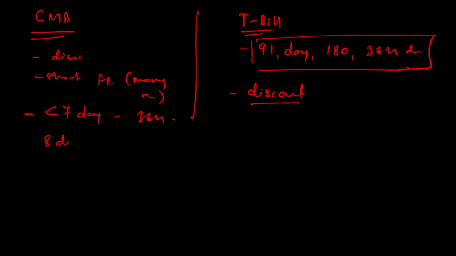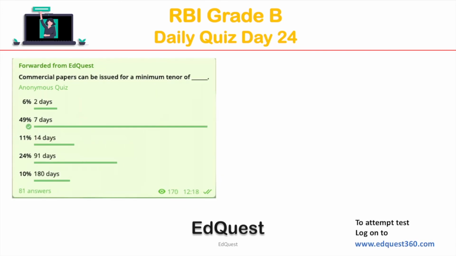It can be an 8 day CMB, or say 48 days, or say 156 days. The rest of the part between cash management bills and treasury bills is completely the same. So I hope this clears your understanding and gives you a better picture of ways and means advances and cash management bills. I'll move to the next question now.